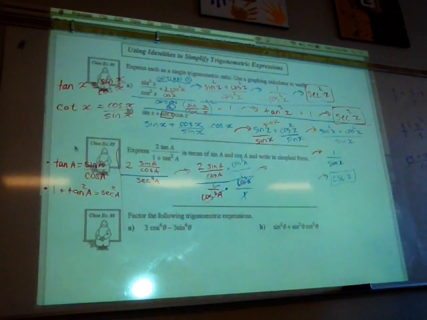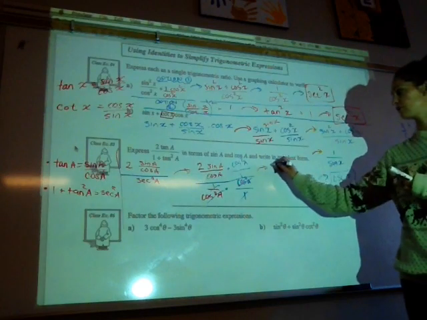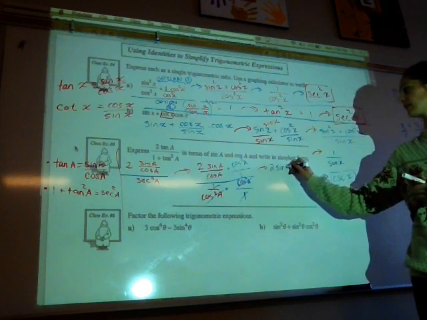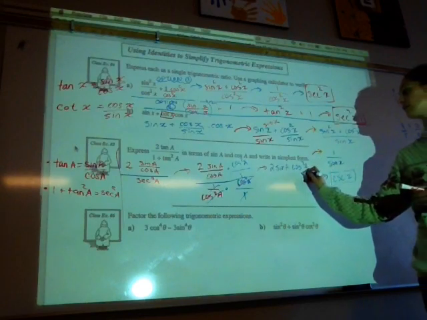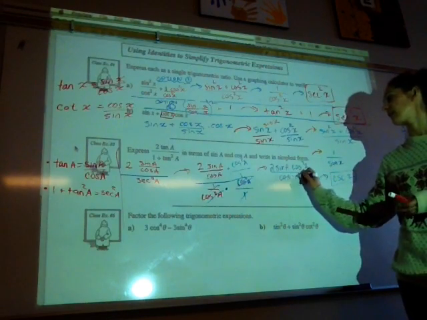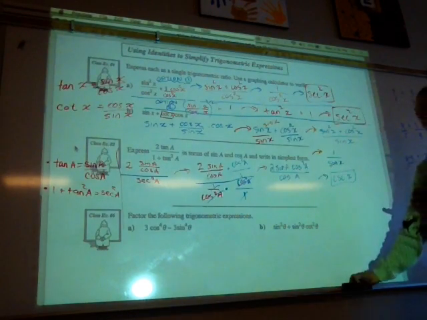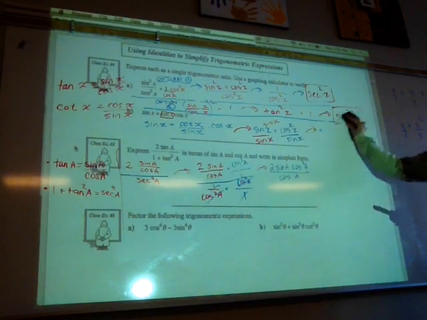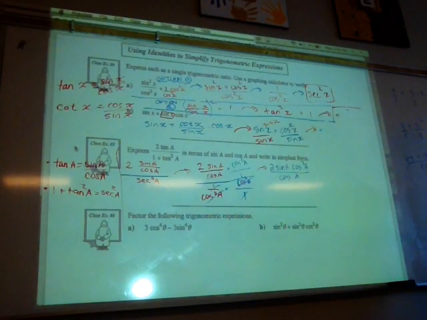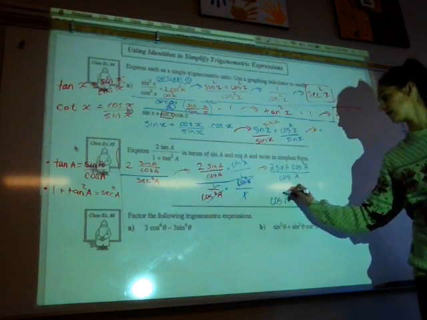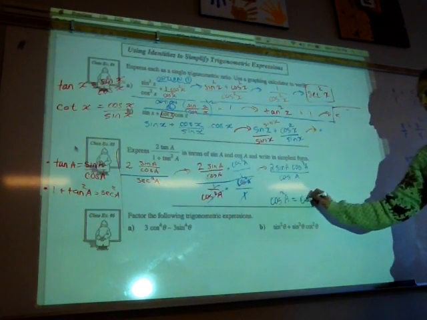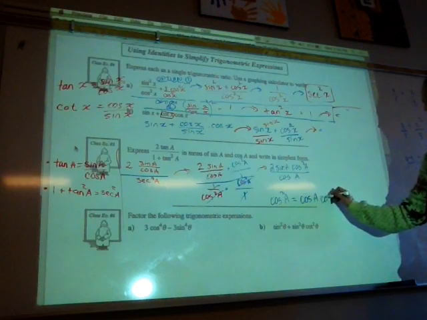So I'm just going to rewrite what we have. We have 2 sine A and cosine A squared all over cosine A. Now one thing about cosine A squared is it can be written as cosine A times cosine A, right?